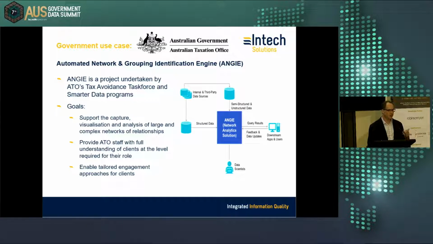When you're dealing with a particular client for a particular tax scenario, exactly what action to take with that client is dependent on learnings of other clients in a similar situation, what actions were taken with them and what the result was. So if we're able to get that data all fed into a network analytics database, then recommendations of next action can be very useful.